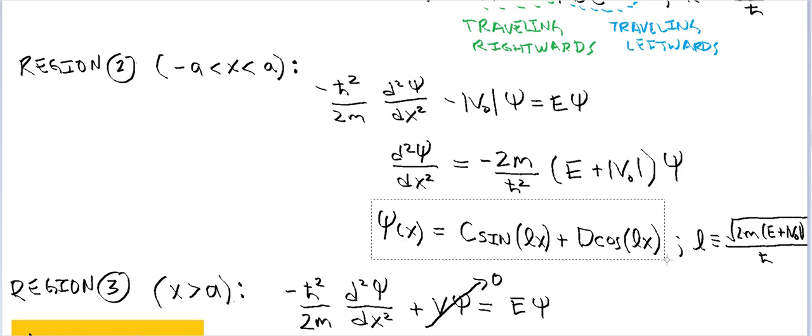We've seen this solution before. It is sines and cosines. Again, we could write this in terms of e to the ix plus e to the minus ix, or some coefficient times e to the ilx plus some coefficient times e to the minus ilx if we wanted to, but for now I'm just going to leave it as such.